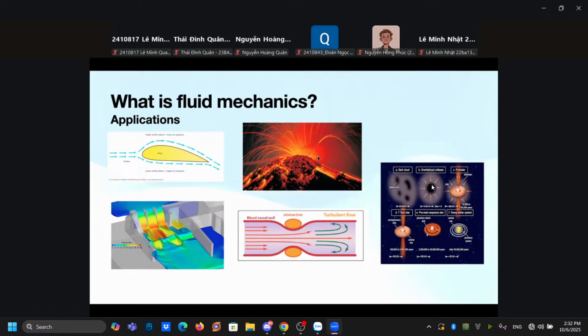The lift is a force that helps the aircraft overcome its weight. Or we can study another field, like what happens with the lava erupted from a volcano. Or in a country like Vietnam, and maybe even in France, you have important water dams to keep water for producing electricity, for the safety of people, and also for agriculture.